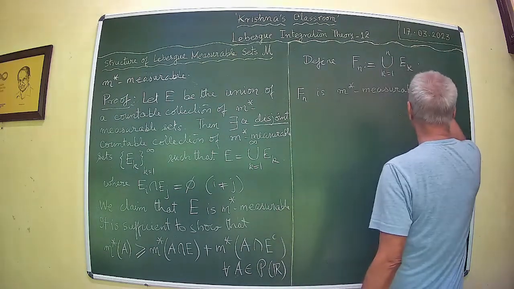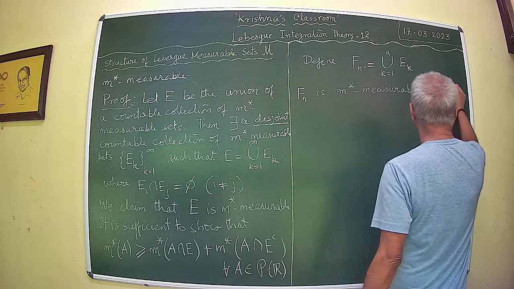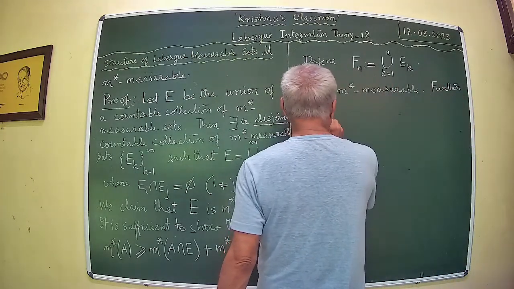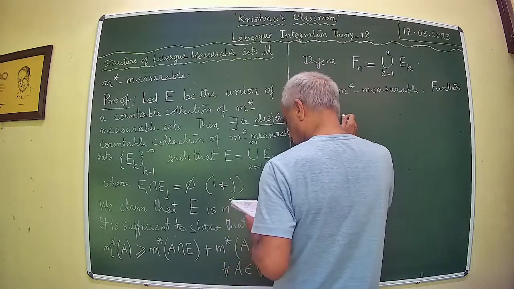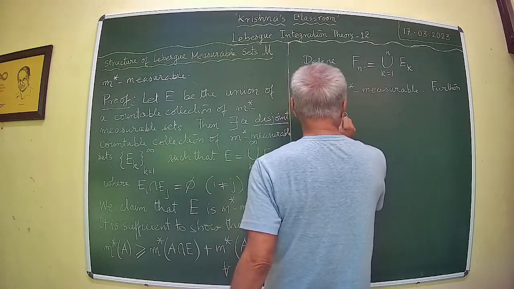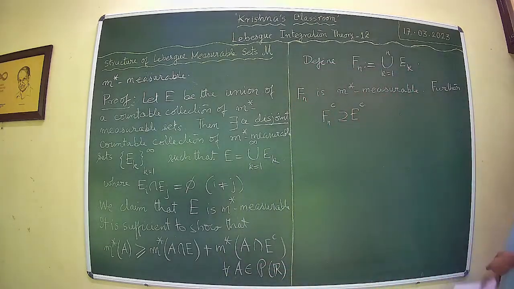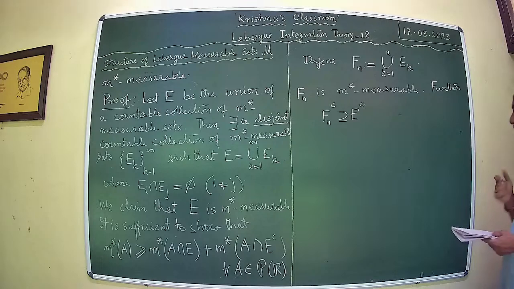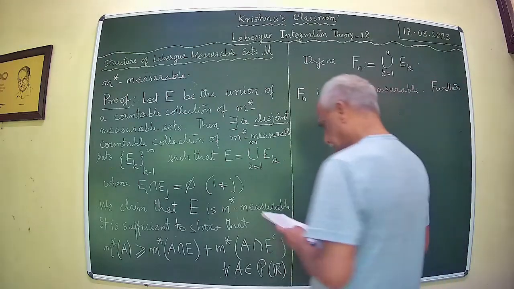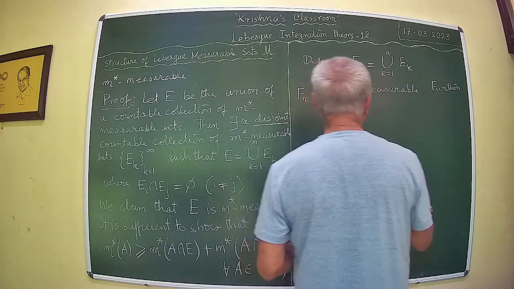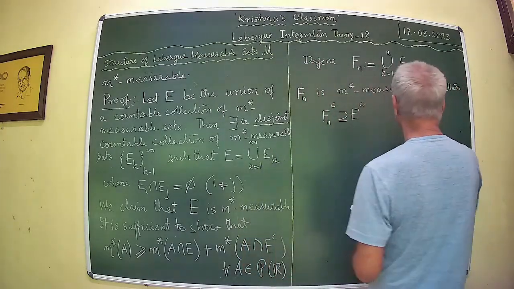Further, what we have is that E complement is contained in F_n complement. That's simple.